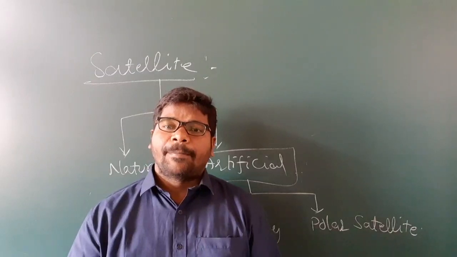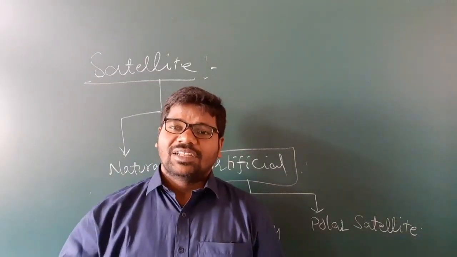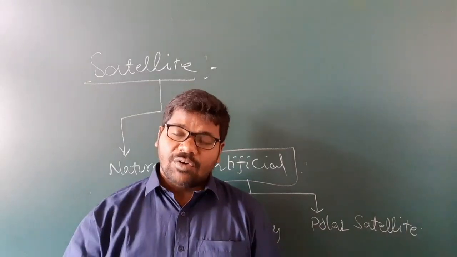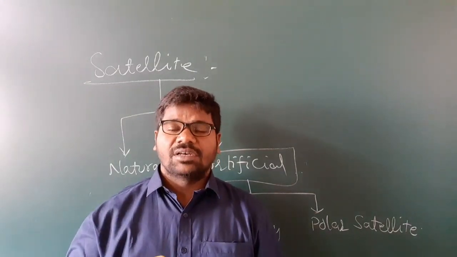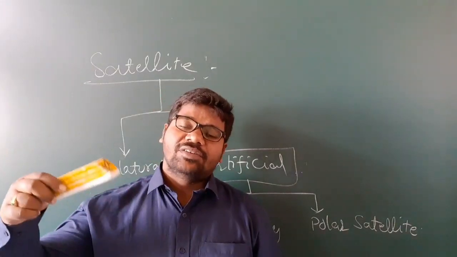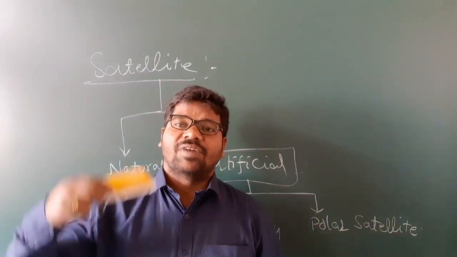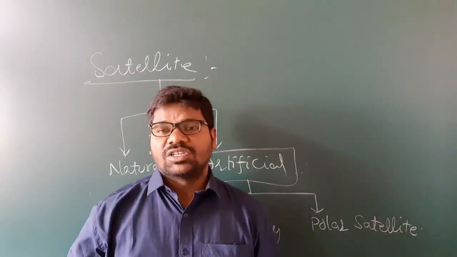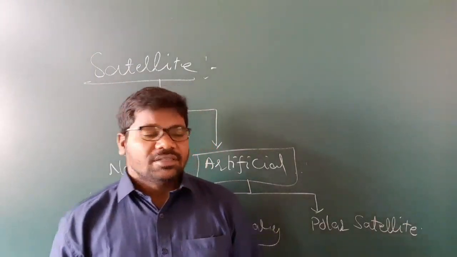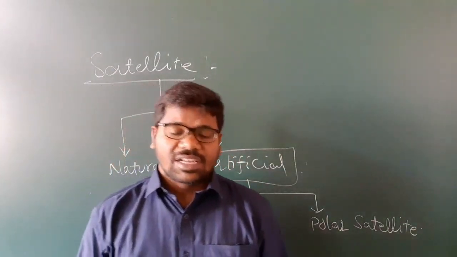The path of the satellite is always from north to south. Around the earth's surface, polar satellites are at 500 to 800 kilometers above it. They revolve in vertical circular motion. Now let us discuss one by one clearly.